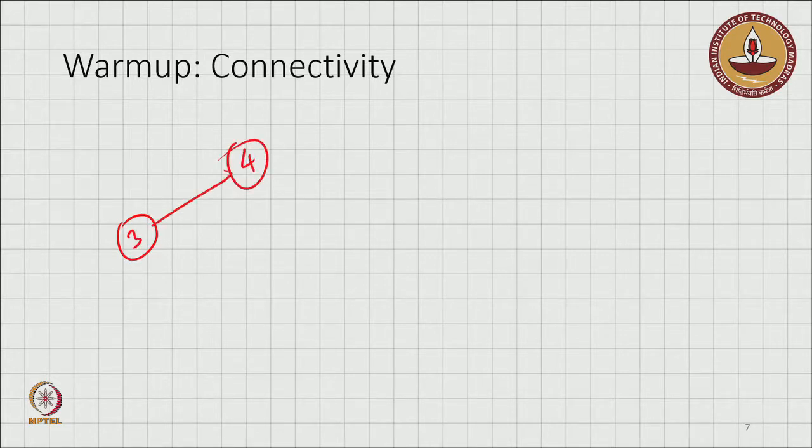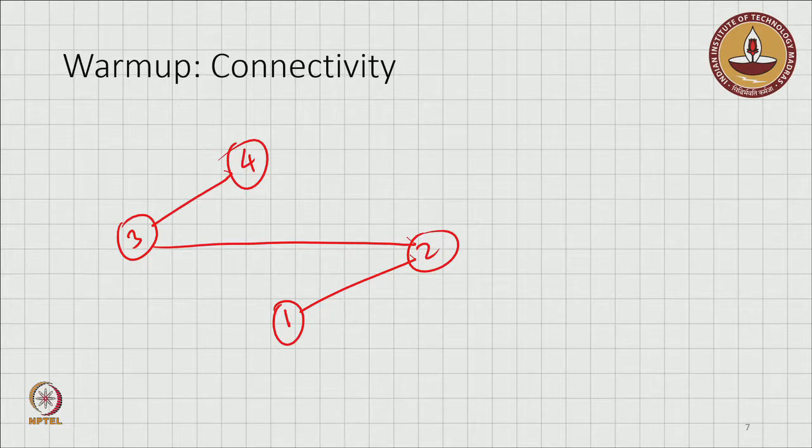Okay, we include that, and let's say the next edge that we get is 1, 2. Okay, at the moment this is all the information we have, and we keep collecting such edges. So let's say the next edge that we get is 3, 2. So we build our graph, and then the fourth edge that we get is 1, 4.